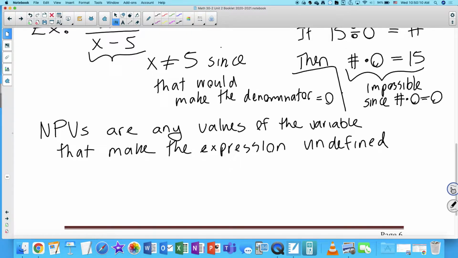Okay? Well, what that means is that the denominator is 0. Okay?